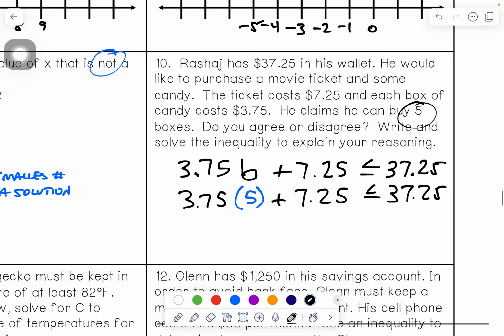This is calculator work here, so you can take that $3.75 and multiply it by 5 in your calculator and add 7.25 to it. I should be getting 26. And is 26 less than or equal to 37.25? Sure is. So he would be correct. I agree.